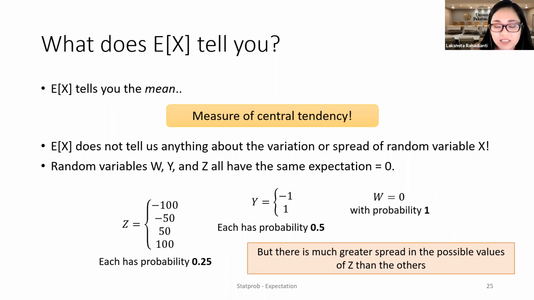In this example, I have 3 random variables, Z, Y, and W. I know that the expectations are identical for all of these 3 random variables. However, you can see that the ranges, or the variance, of these values are very different. The first one, W, equals 0, it's just there at 0. Y goes to 1 and minus 1, and Z goes to 100 and minus 100.